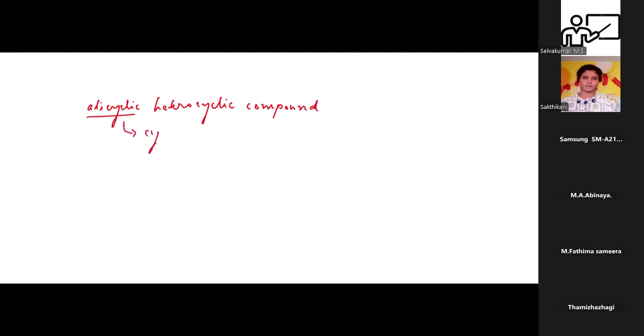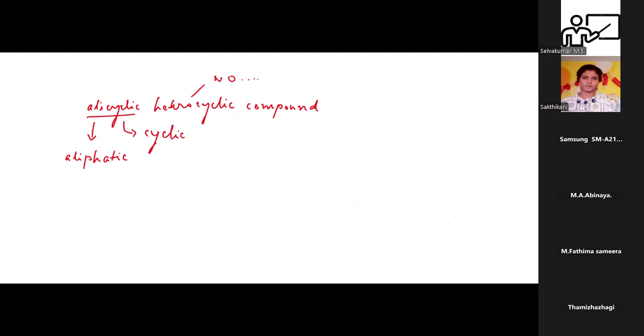Some closed cycle is there. Alicyclic means the compound has to be aliphatic. Heterocyclic means it is a cyclic compound with heteroatoms such as nitrogen, oxygen, something like that. That means that a compound has in the ring atoms other than carbon and hydrogen, that is heterocyclic.